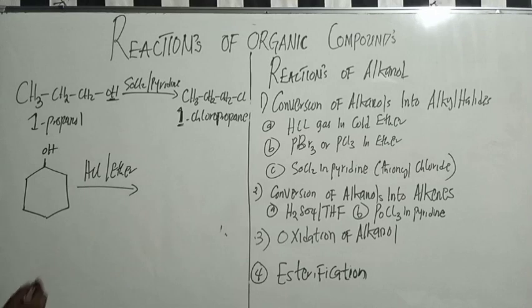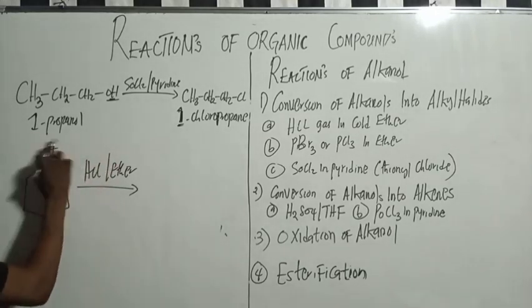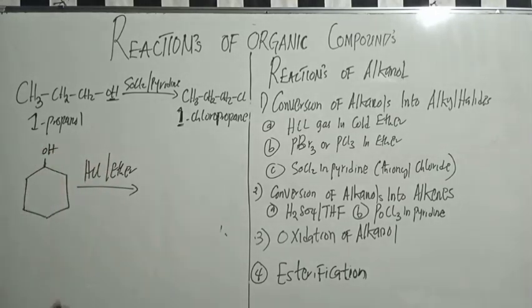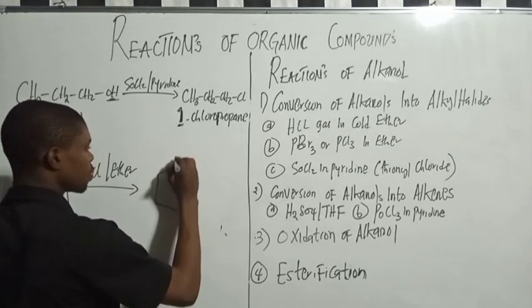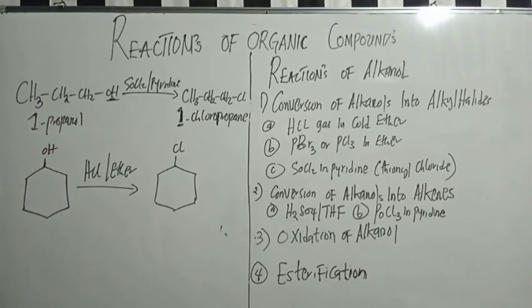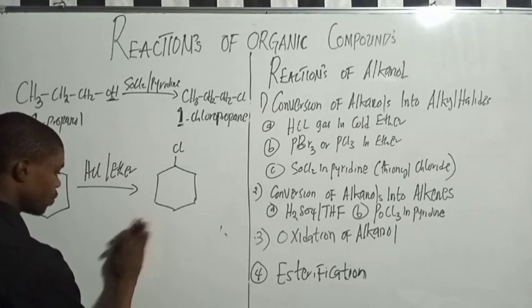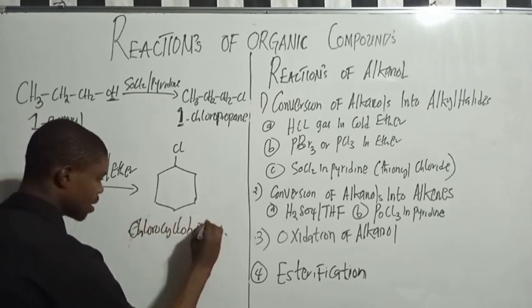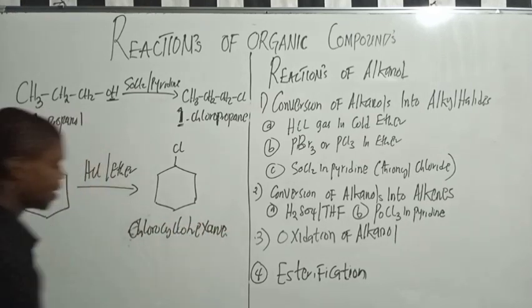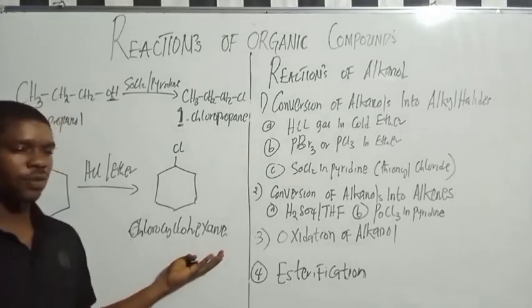It's very easy here. This will also remove the OH from the ring to produce chlorocyclohexane. Chlorocyclohexane is the name of the product.